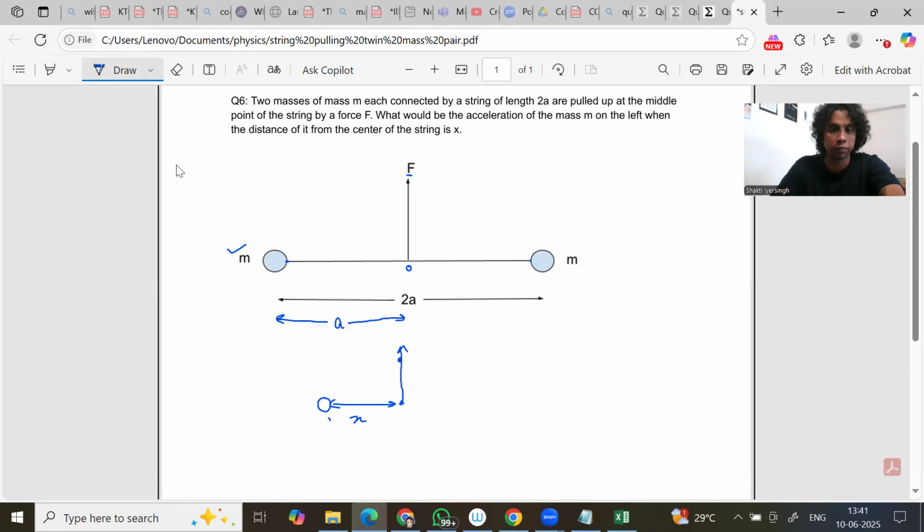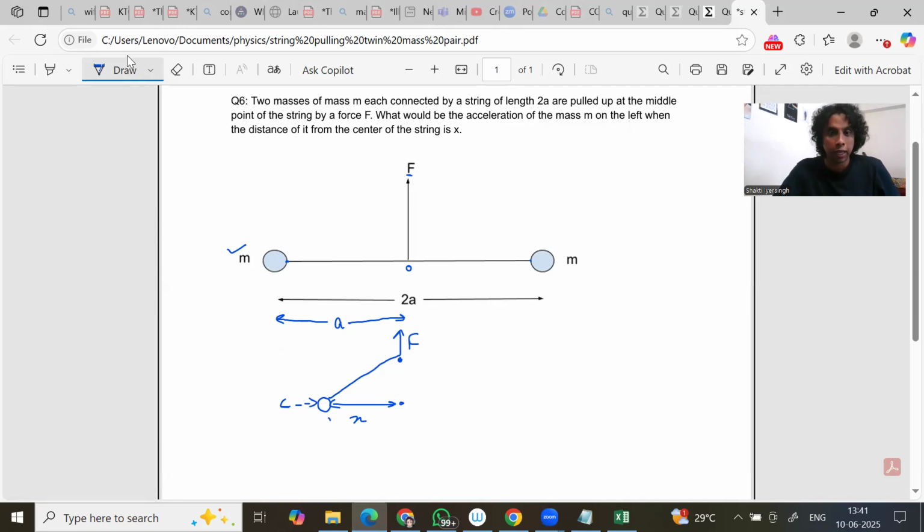Let me put this as a dotted line to show that the string is actually moving in this direction. So as the force is pulls it up, the string has moved here, and obviously the mass has moved from here to here.